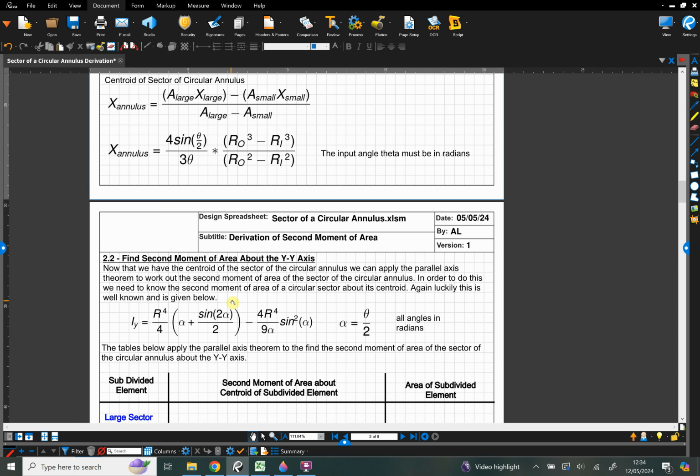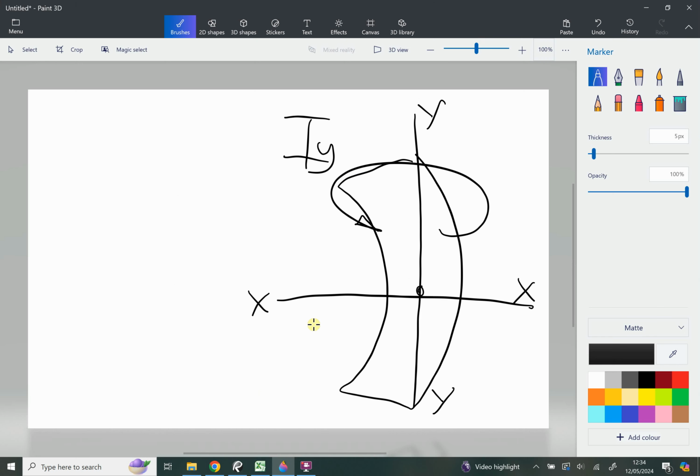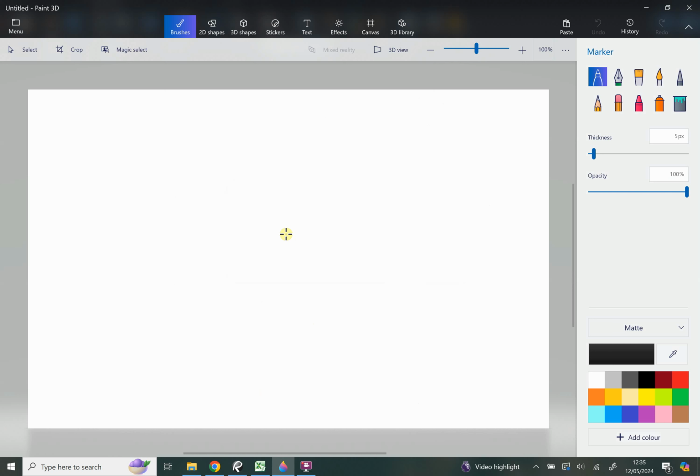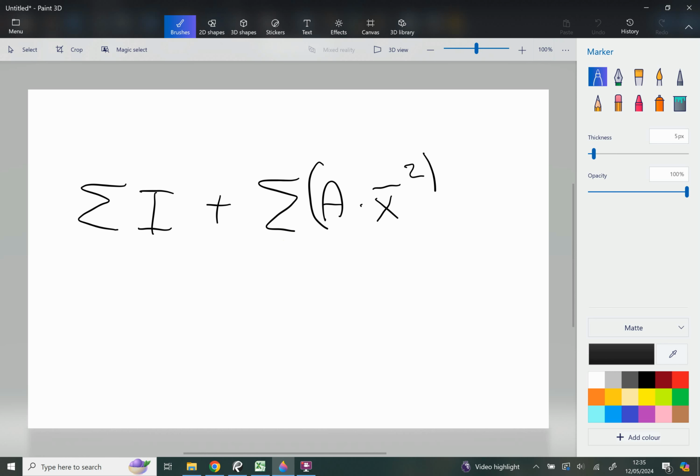Well, we apply the parallel axis theorem, and I'm just going to write it out quickly for you. It is the sum of I plus the sum of A times x bar squared. Let's call it that. Okay, that's in a bracket.